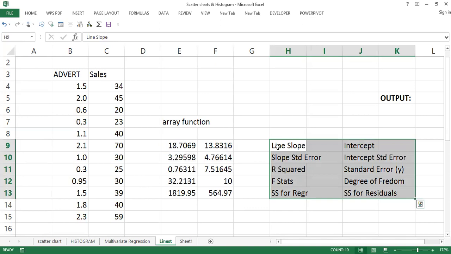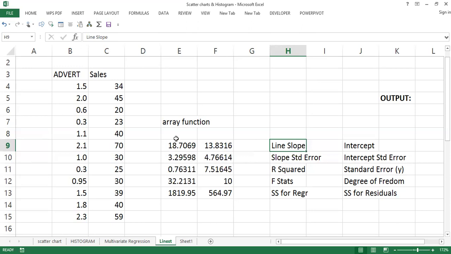So what it's telling you is simple. This one is the line slope. This is the intercept. This one is the slope standard error. This one is the intercept standard error.